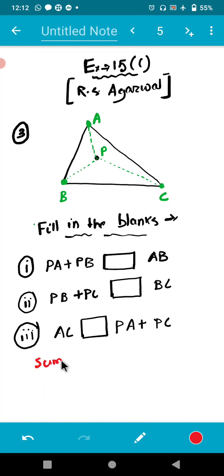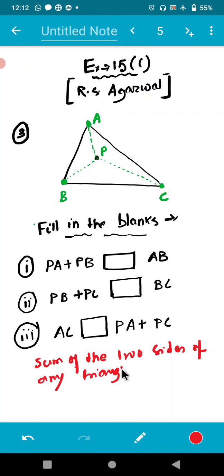the sum of the two sides of any triangle is always greater than the third side.